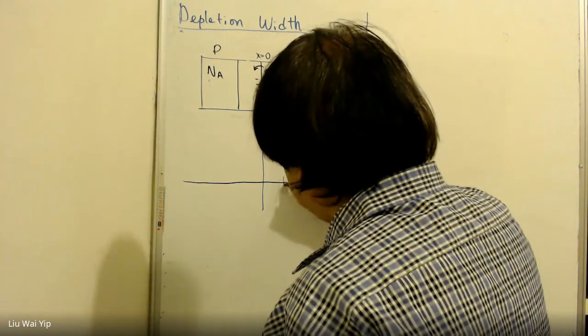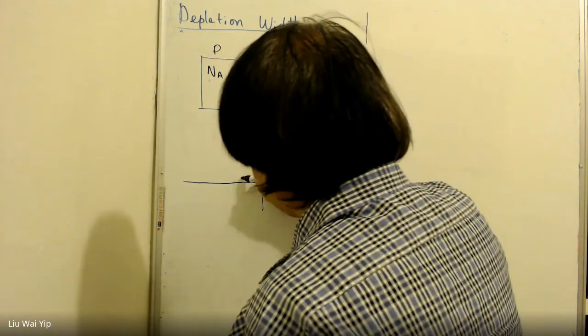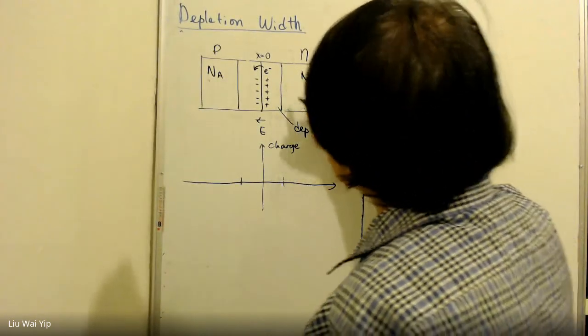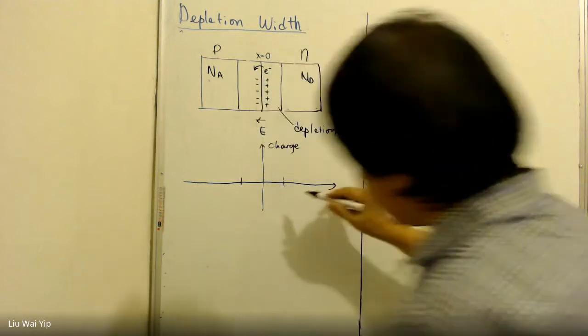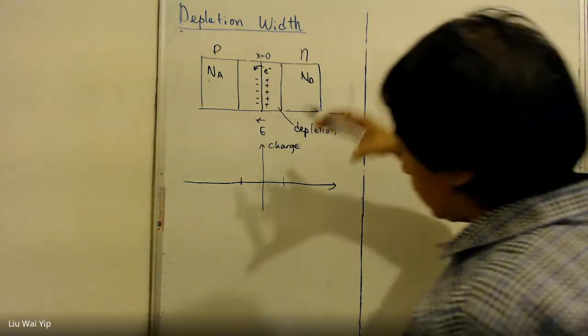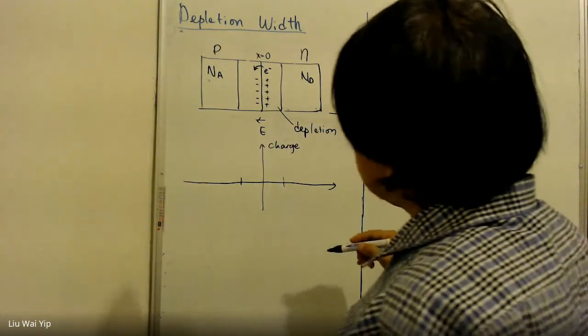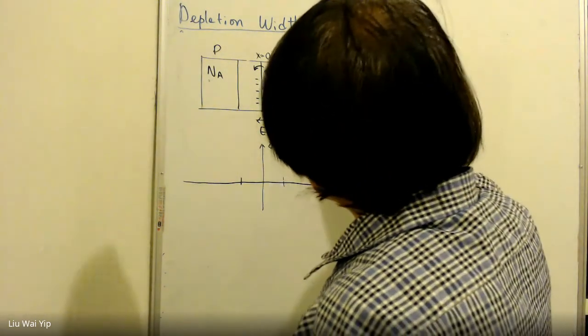But at the border of the depletion region, the charge abruptly increases.